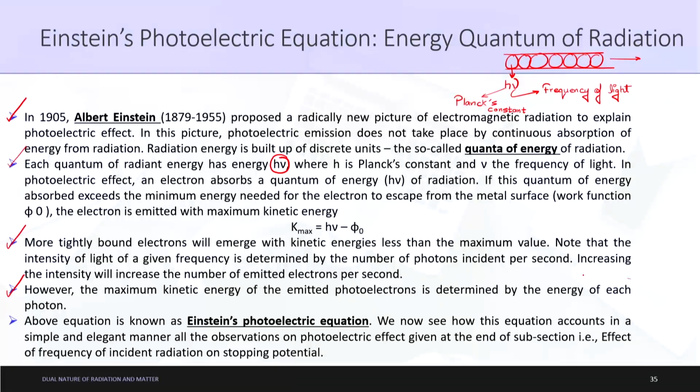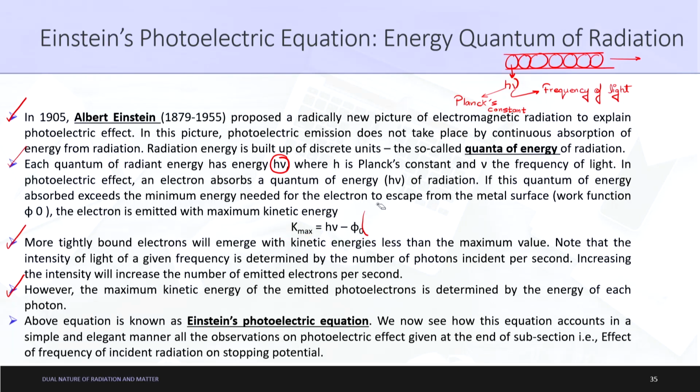Let us say a number of electrons are being ejected out. So maximum kinetic energy is determined by the energy of each photon. So basically we add up and then we can find out the complete maximum kinetic energy. Okay. The above equation is known as Einstein's photoelectric equation. This is the basic idea that Einstein tried to explain to us, and hence this equation came to be known as Einstein's photoelectric equation.